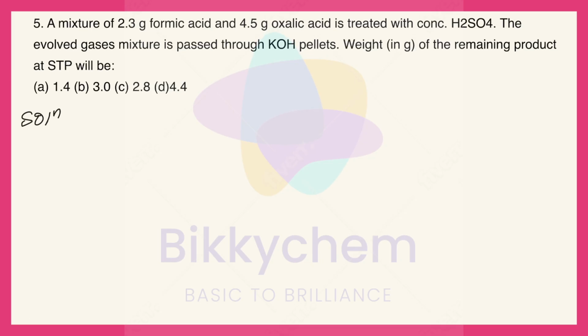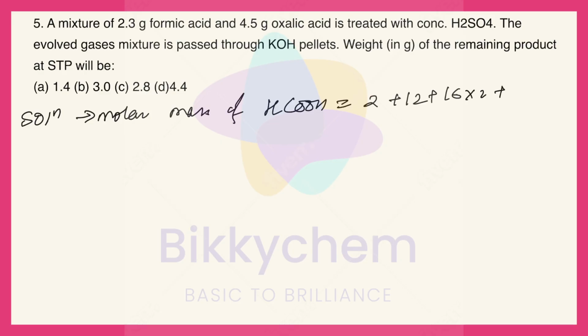Here we have to find out the remaining product after the reaction of a mixture of formic acid and oxalic acid with concentrated sulfuric acid. So first of all, let's find out the molar mass of formic acid, which is 2 plus 12 plus 16 into 2 plus 1, so it will be 46 gram per mole.